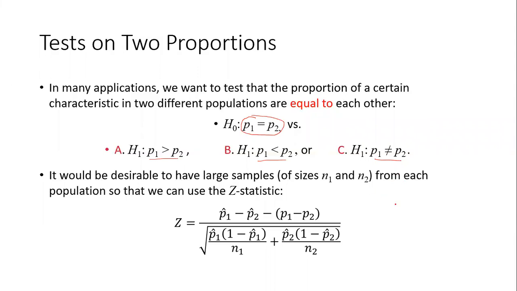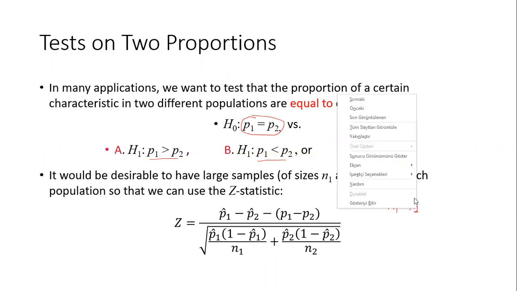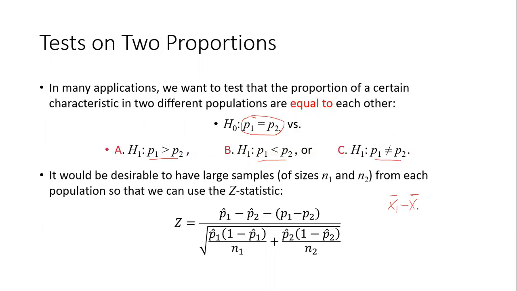Recall when we are testing two samples, for means, we have x1 bar minus x2 bar minus mu1 minus mu2 divided by the square root of sigma1 squared over n1 plus sigma2 squared over n2.